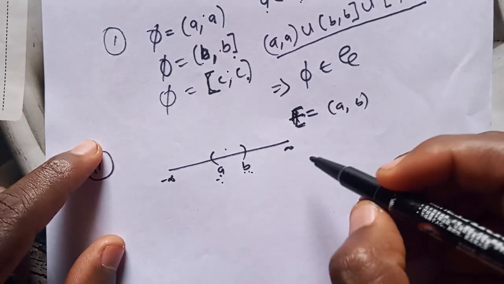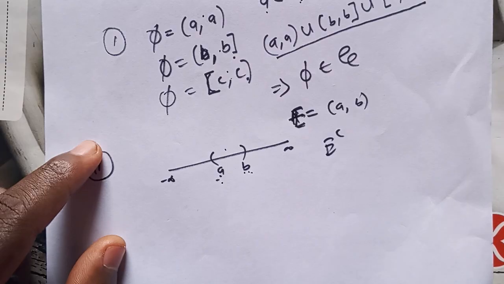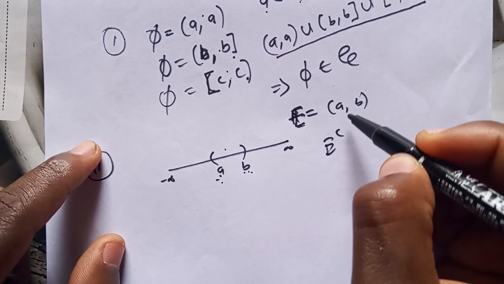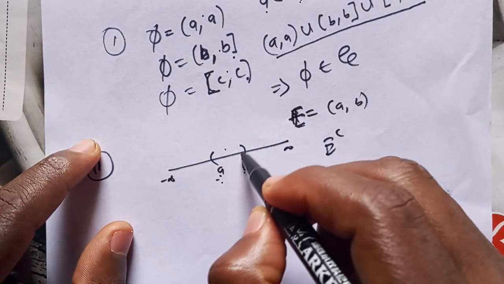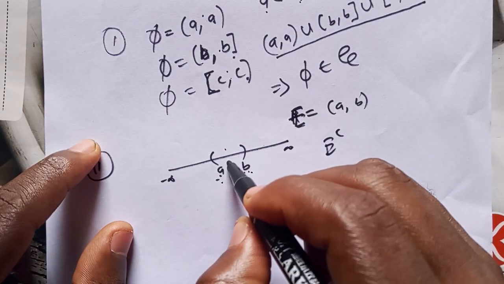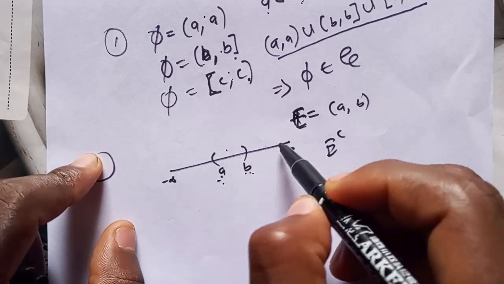The complement E complement is all those elements that are not in this interval, they are outside the interval, and those elements are in R, the set of real numbers.